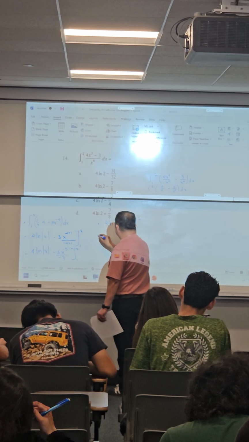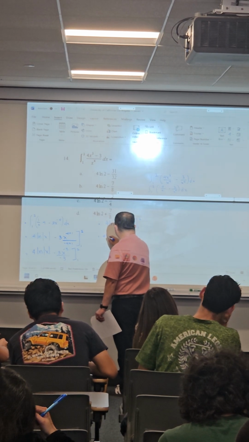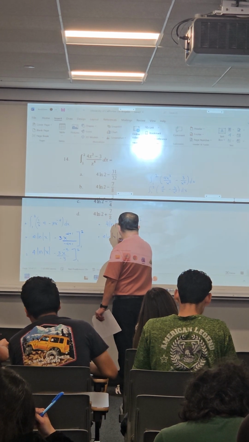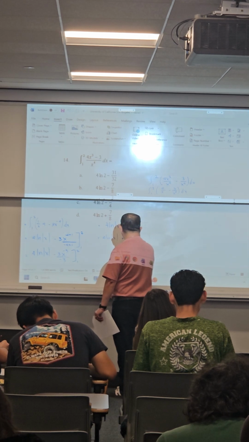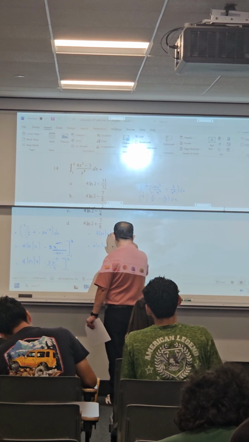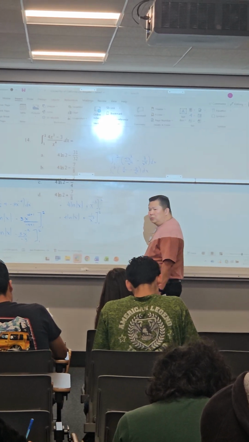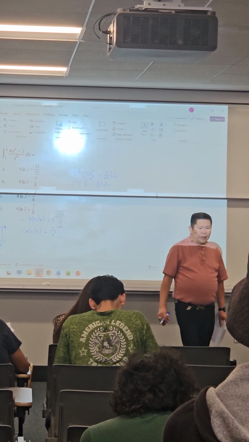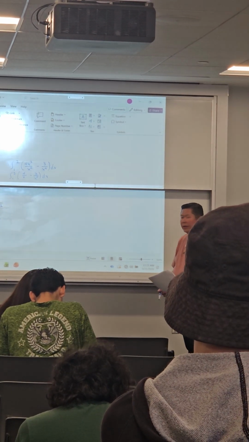So we have 4 ln x plus 1 over x cubed, evaluated from 1 to 2. And then plug in now the upper limit minus the lower limit.